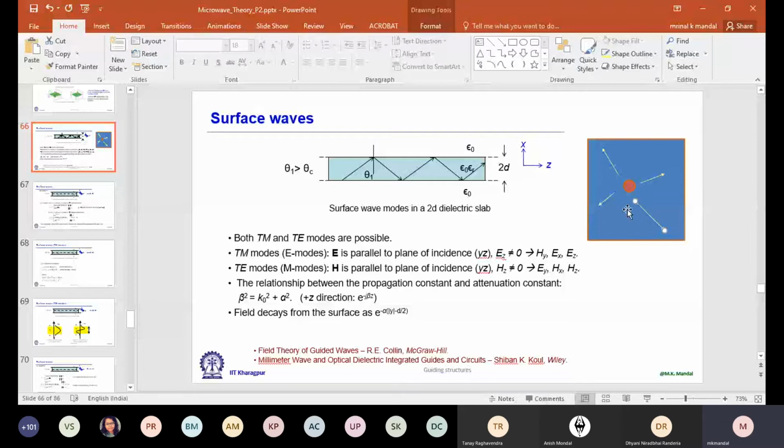In fact, in some applications, surface wave is utilized for antenna design or for some other passive configuration. In general, we don't want them. Now, when it reaches this air-dielectric boundary, a part will be radiated in air.